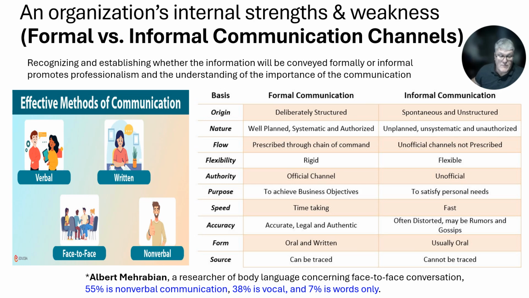Might be passive, might be aggressive, might be neutral, might be assertive, things of that nature. The nature: it's well planned, systematic, and authorized. The flow: prescribed through a chain of command, typically top down or bottom up, to let someone know something. The flexibility of formal communication is rigid. Authority: official channel.